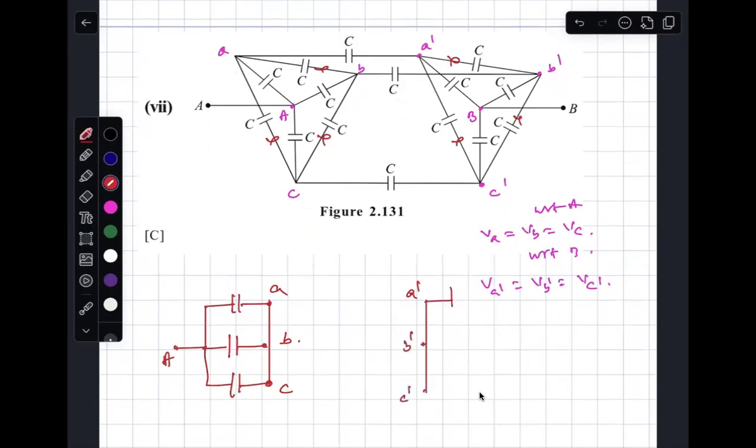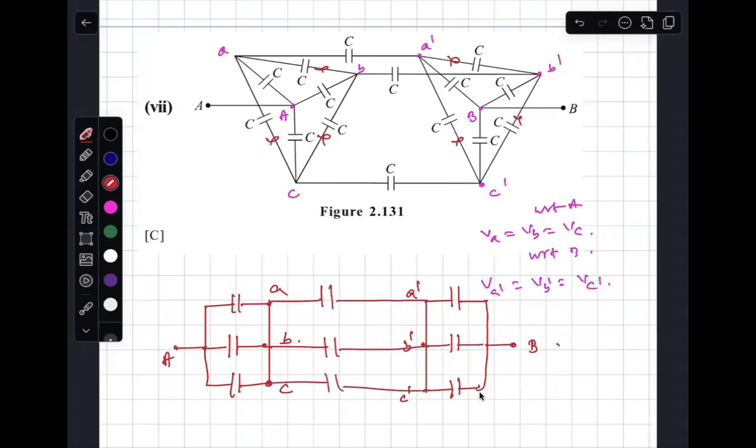Remember, it is because of my experience, I am cut shorting these models to the least. Now, 3/4 of the question is done. Simple, what to do? Again, A and A dash are connected with one, B and B dash are connected with one, C and C dash are connected with one.